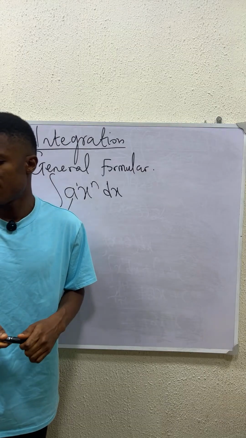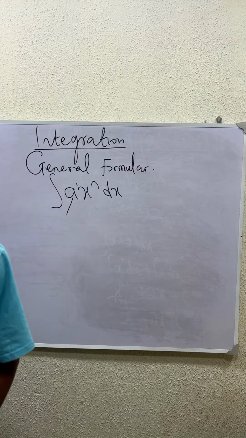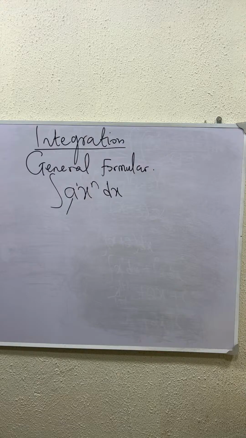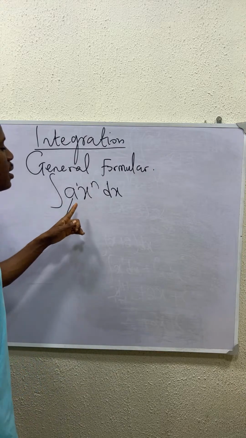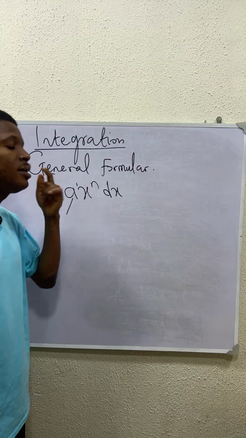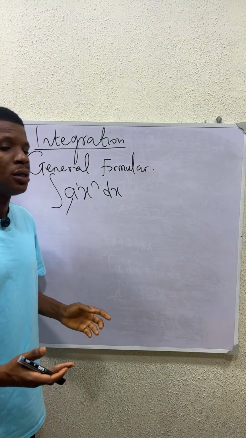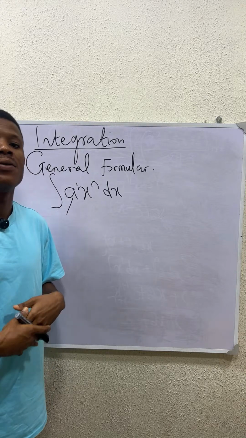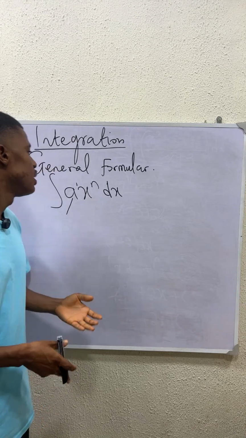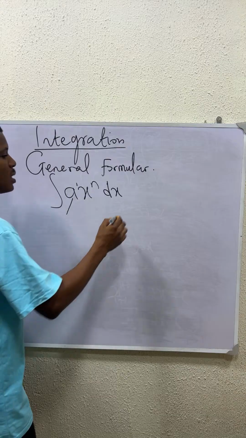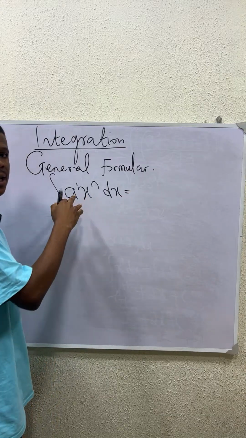It can be numbers like 1, 2, 3, 4, 5, 6, 7, 8, 9, 10, or even a fraction, as the case may be. So a is just a constant. n is also a number. It can be positive, negative, or even a fraction. Then whenever you are integrating this with respect to x, it only affects the x.